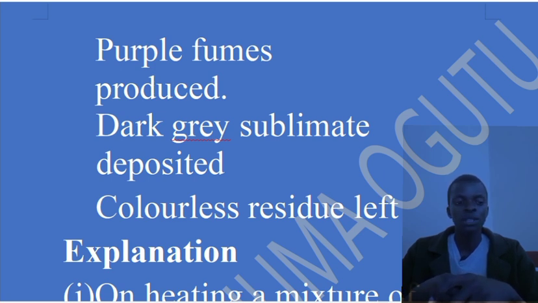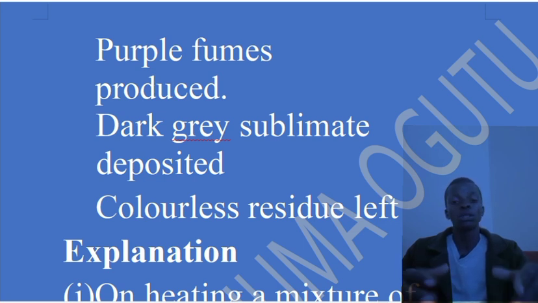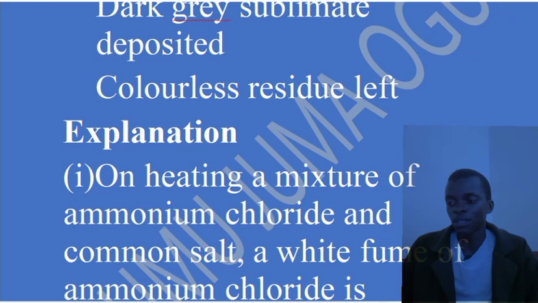So purple fumes solidify to form dark gray sublimate on the cooler part, and the common salt remains as residue. That makes it easier, in case you have mixed any solid with one of the common solids that can sublime. Makes it easier to do what? To separate them.